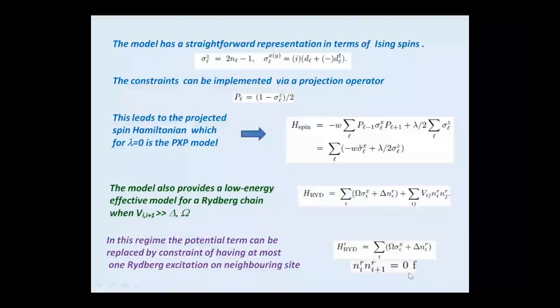And this is exactly mapped onto this spin model. So it's really identical. What we are going to do is to study this spin model, and whenever necessary, we are going to draw a parallel with the Rydberg model. This is what Abanin's paper also did. The difference is that we are now going to study the Floquet physics of this model.